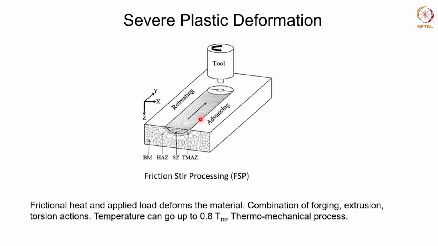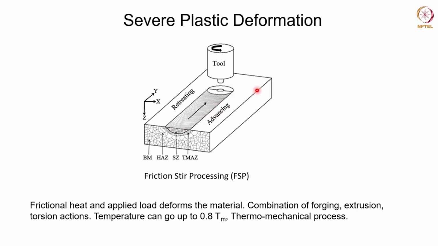So if you have welding to be done, then as I said, you will have two plates and this tool will be moved along the joint line leading to a joint between the plates. But in case of friction stir processing, only a single plate is used. So all the mechanical energy of this tool goes into deforming the material, leading to grain refinement.